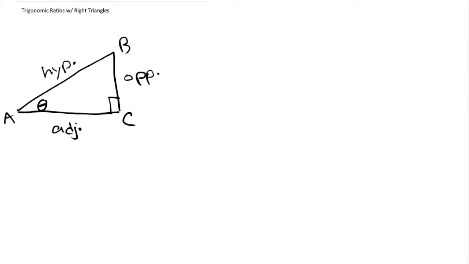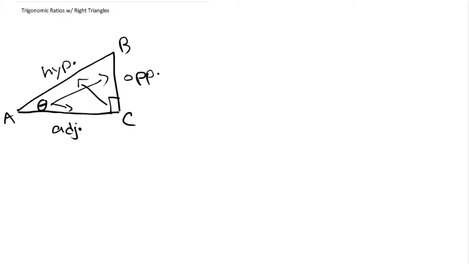And the hypotenuse, as most of us know, is the biggest side of a right angle triangle. The adjacent is found next to the theta angle, and the opposite is found opposite of the theta angle, right? Just like that. And then the hypotenuse is across from the right angle.